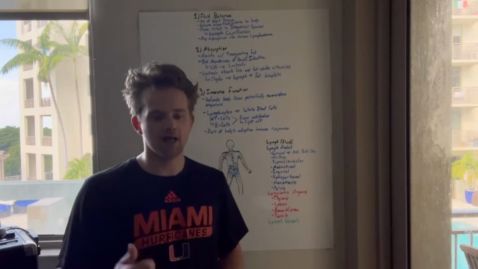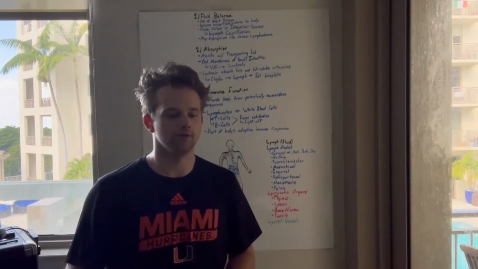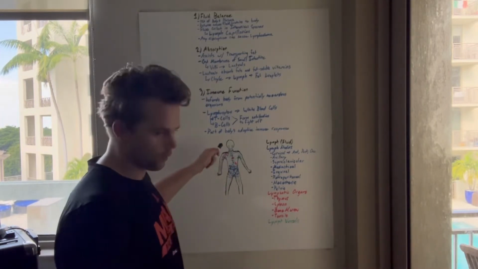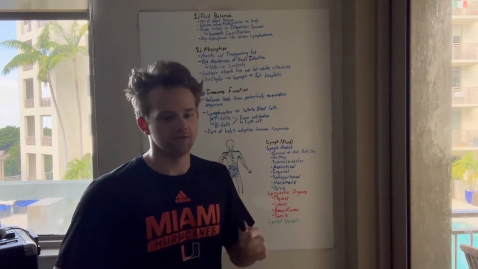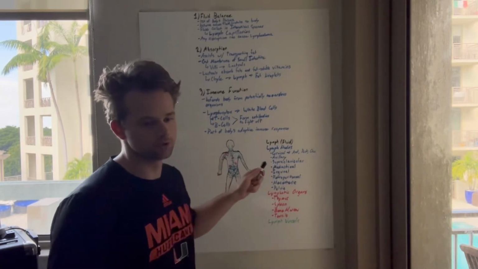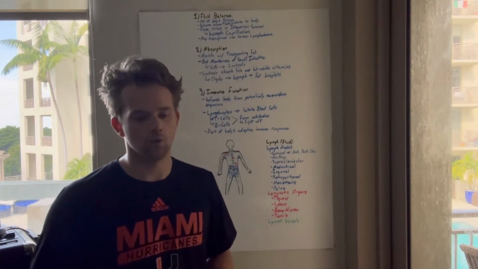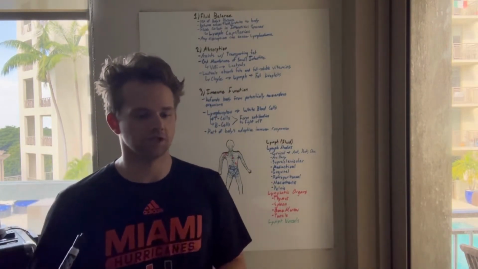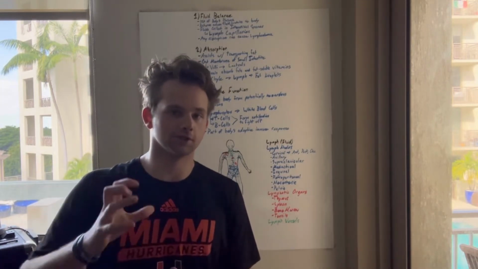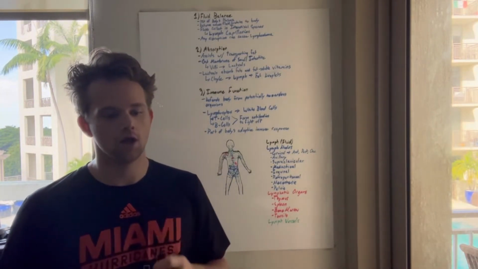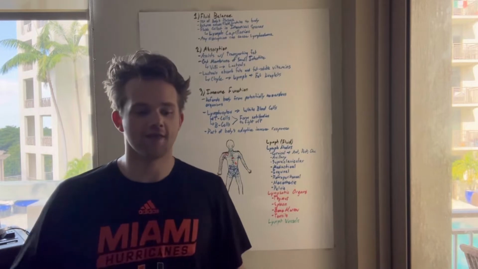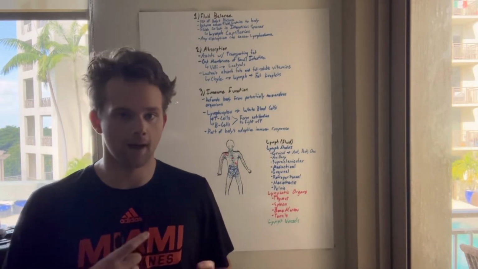There's also the palatine tonsils, which are located near the opening of the oral cavity into the pharynx. And then there's the lingual tonsils, which are located on the posterior portion of the tongue. So all of these sites contain lymphocytes and macrophages for protection against harmful substances and pathogens that enter through the nose or through the mouth specifically.